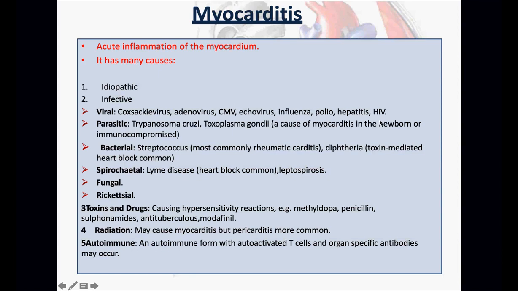The third important cause is toxins and drugs causing hypersensitivity reaction, like methyldopa, antituberculous drugs, modafinil, ethanol, and cocaine. Also radiation may cause myocarditis, and finally autoimmune disease like SLE, sarcoidosis, and vasculitis in general.